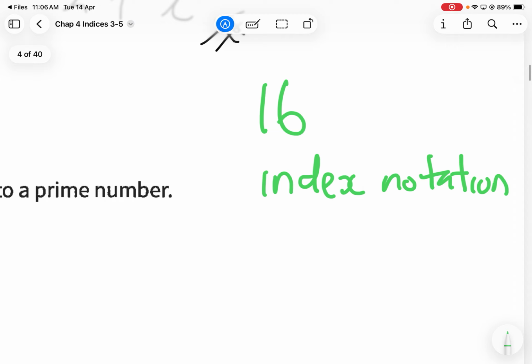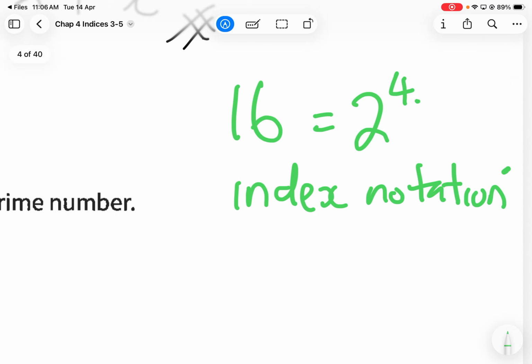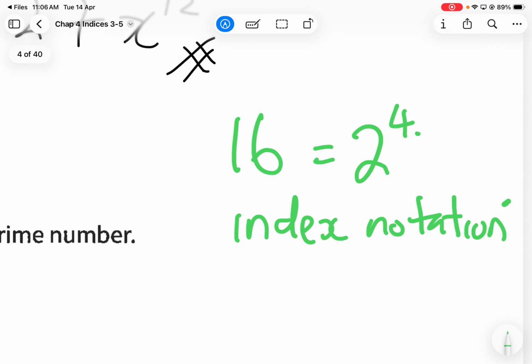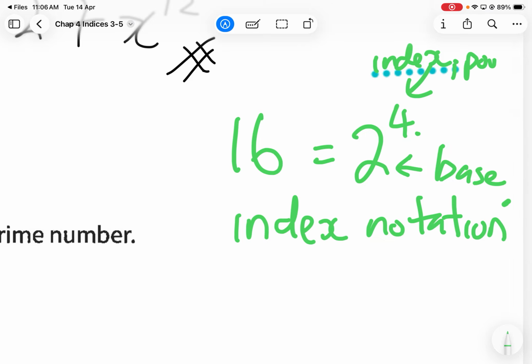I can write it as 2 to the power of 4. And when I write this as 2 to the power of 4, I call this number 2 the base. And I call this number 4 the index or power.